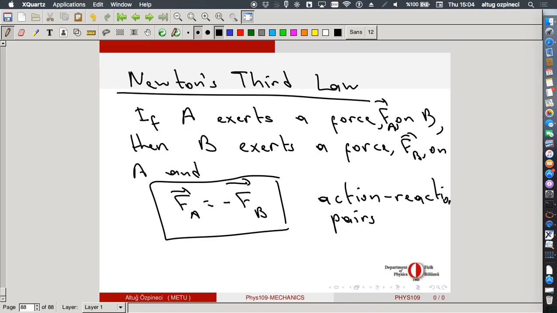Either both of them exist or both of them do not exist. So you cannot really separate them. Now, one thing this also tells us is that for every force that you feel, there's some other object that exerts that force. You cannot just have a force without having a source. Now, how will this help us to determine the mass of an object?